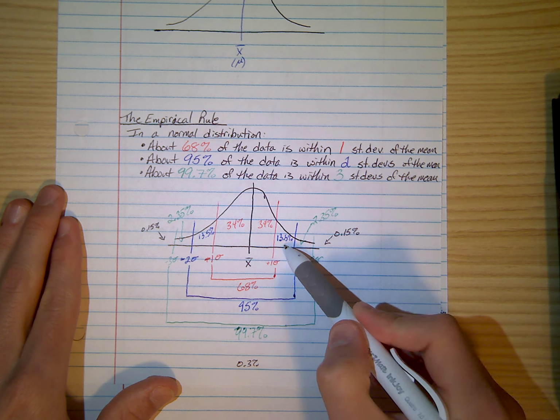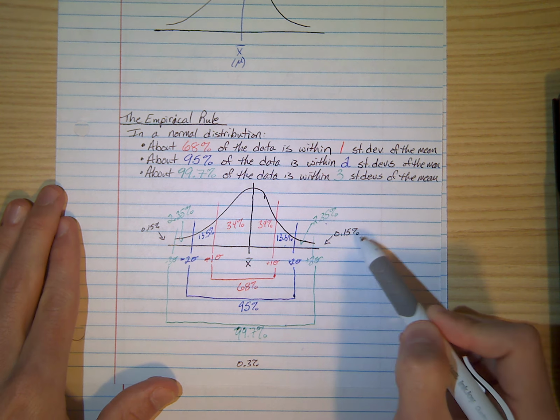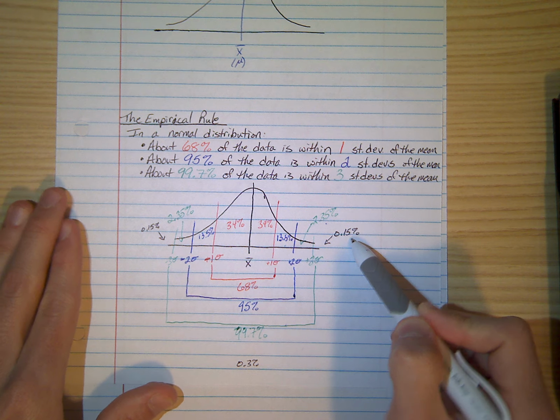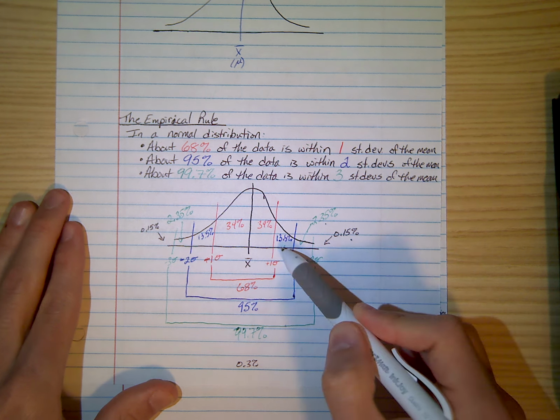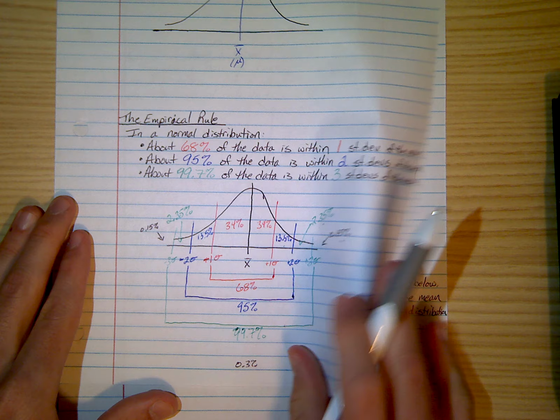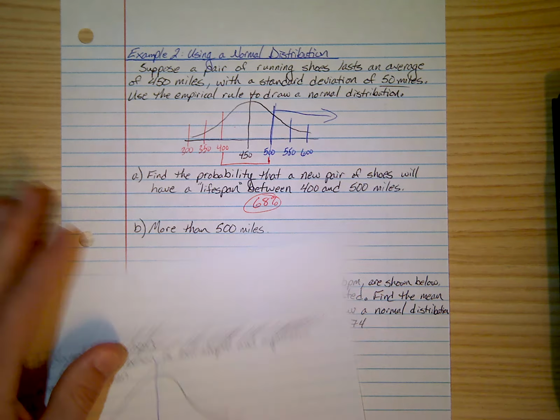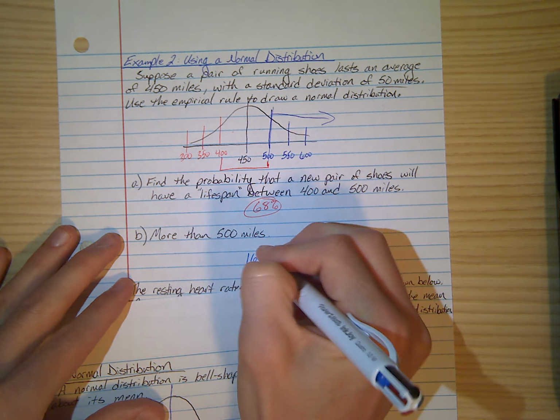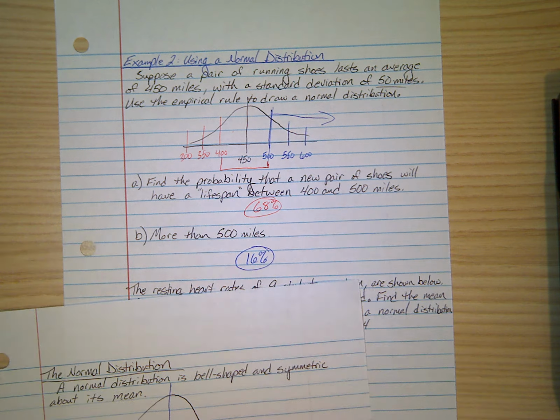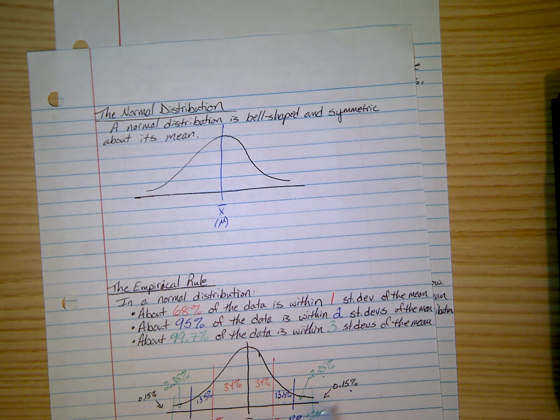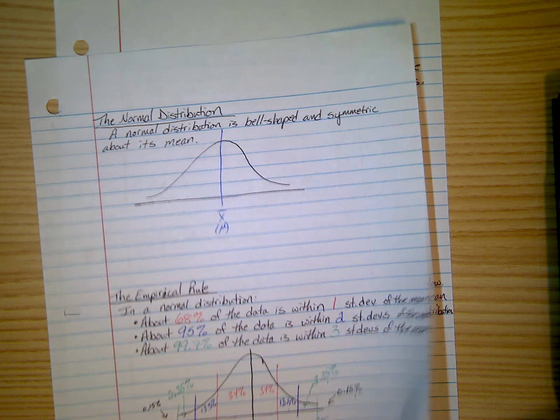So you've got 13.5 plus 2.35 plus 0.15, that's 2.5, so 16%. Again, just add up the percentages for your standard deviations, and that's how you get a lot of these probabilities.